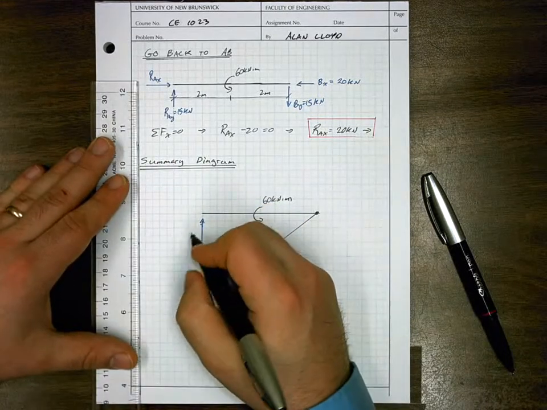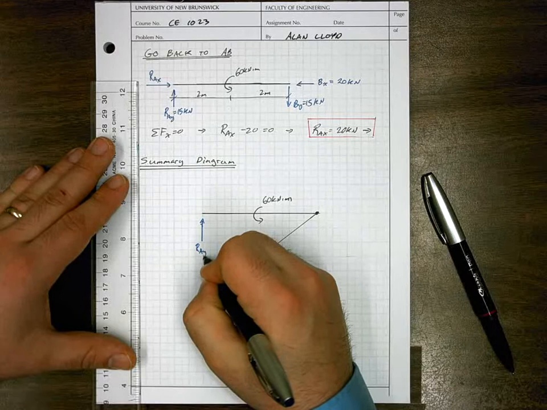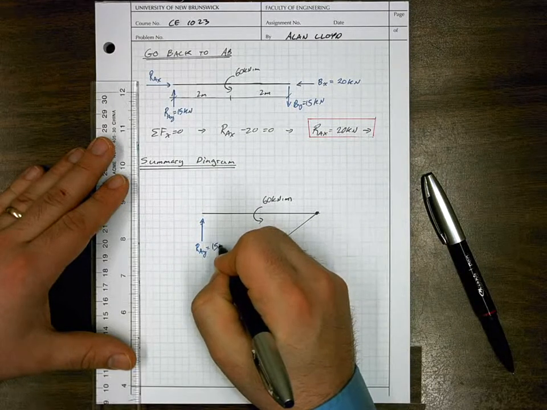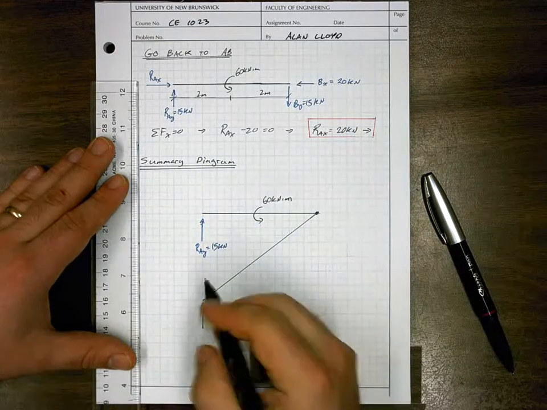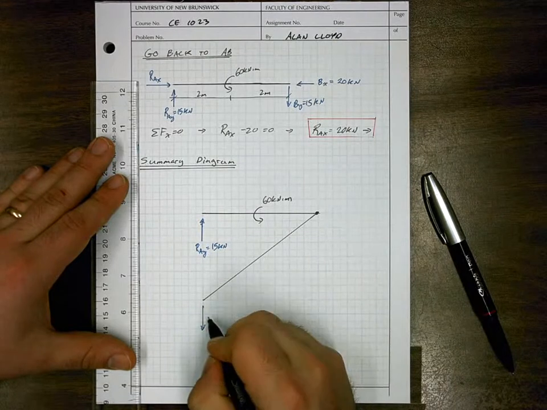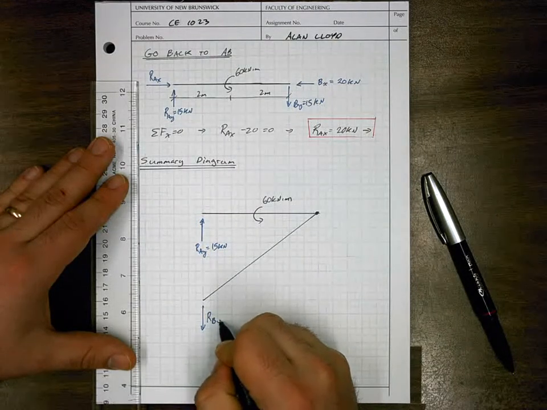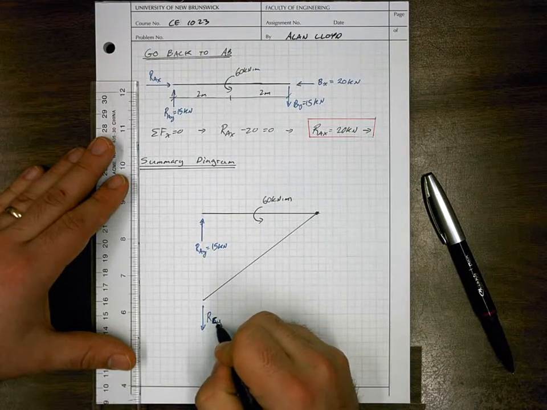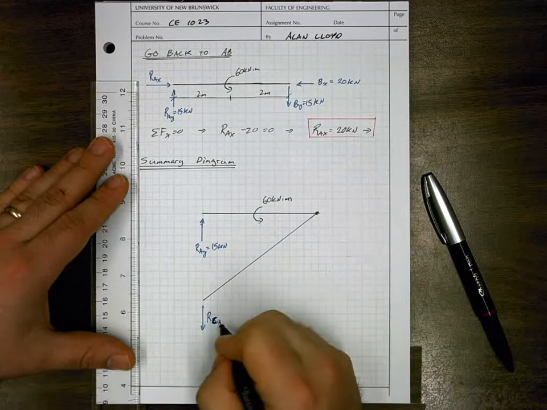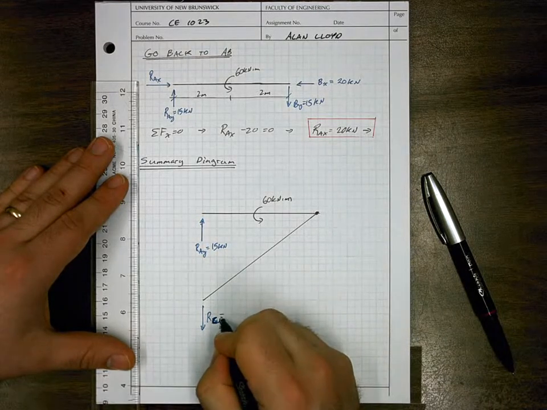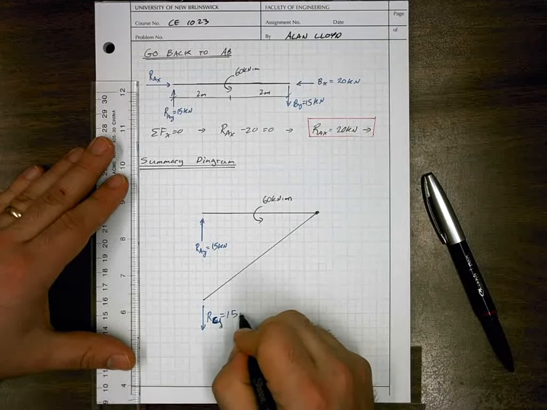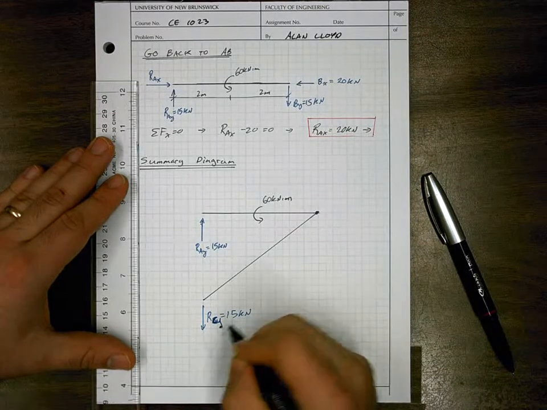So we have RAY is equal to 15 kilonewtons, and our RCY is equal to 15 kilonewtons acting down.